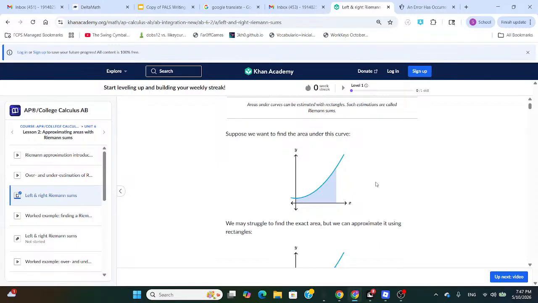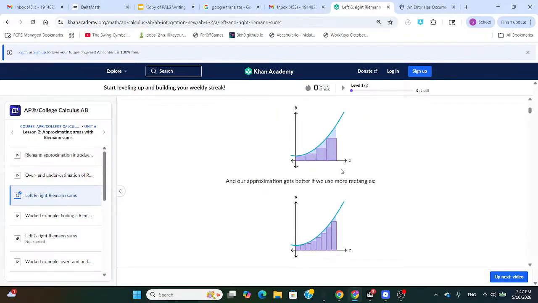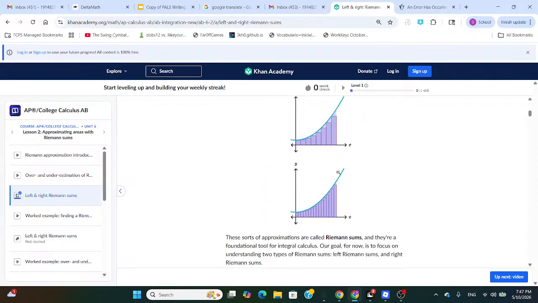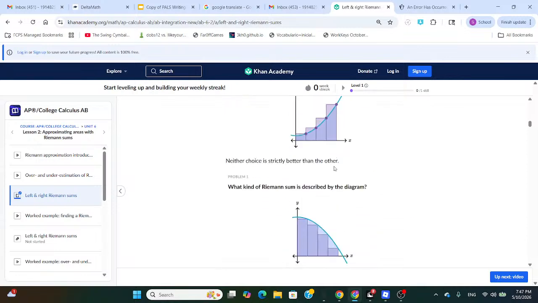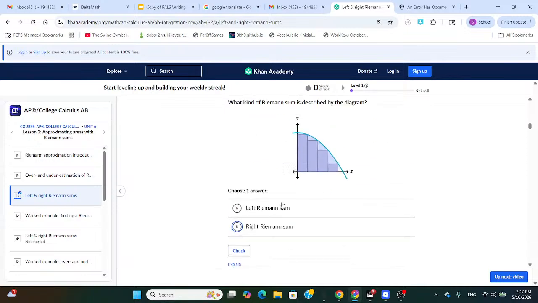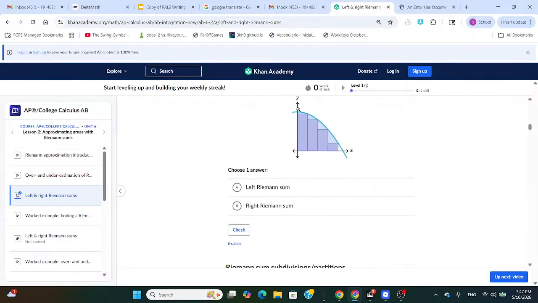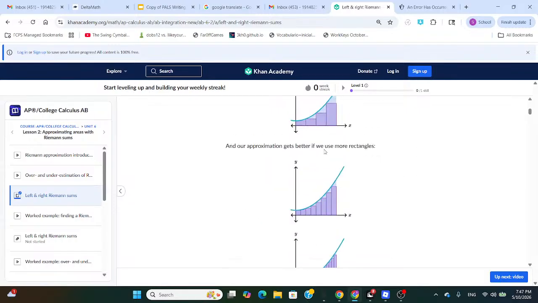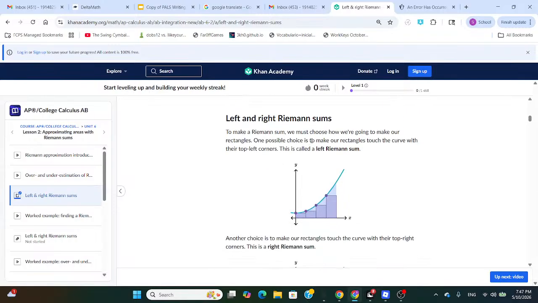A Riemann sum is basically you have a bunch of rectangles to approximate it. The more rectangles you use, the better the approximation. You can use trapezoidal Riemann sums. What kind of Riemann sum is it? Well, it's going to the left, left and right.